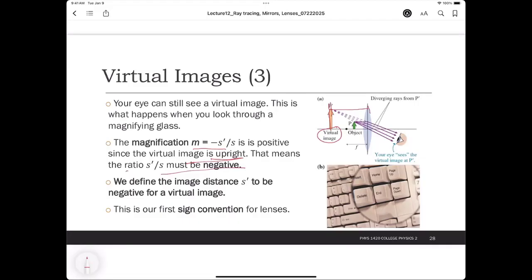This is our first sign convention for lenses, just a definition. Your eyes can still see a virtual image, as when you look through a magnifying glass, but if you put a screen here, nothing will display. Does that make sense to you?